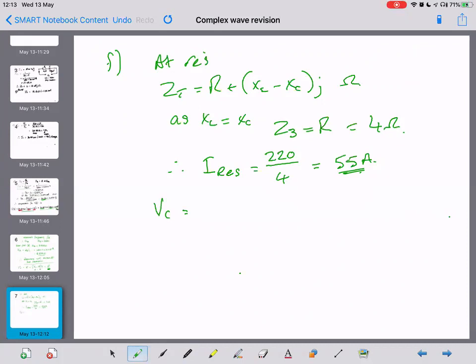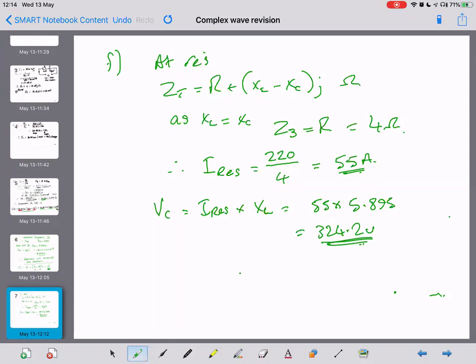From that, we can calculate VL is equal to I resonance times XL, which is 55 times 5.895, about 324.2 volts.